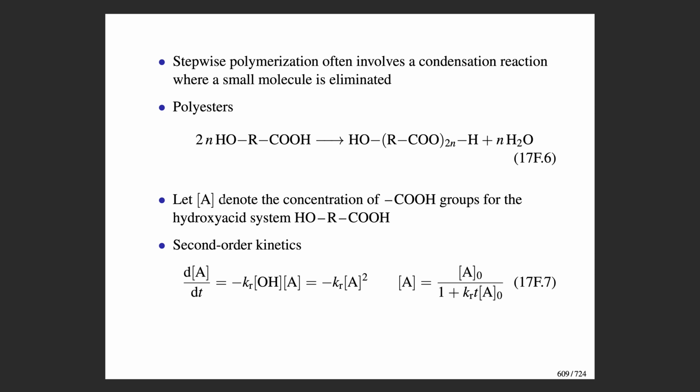What we're going to do, a little bit of notation just to make things easier so we don't have to write this all the time: we'll let the symbol A represent the concentration of the carboxylic acid groups that are present, and then we'll let OH represent the concentration of OH groups that are present in the system.